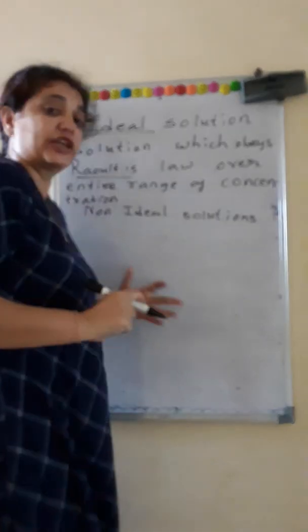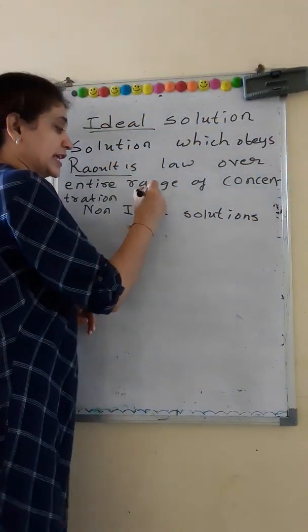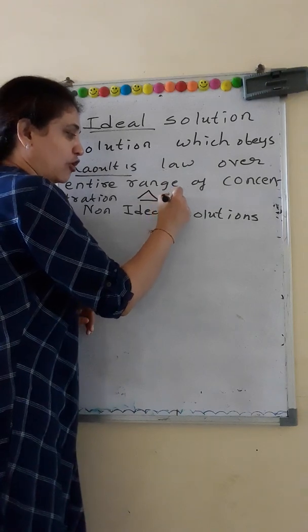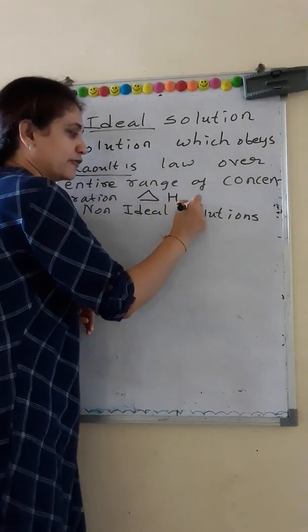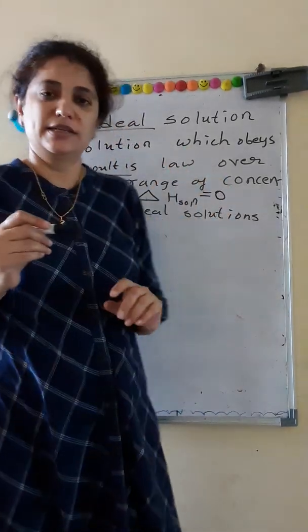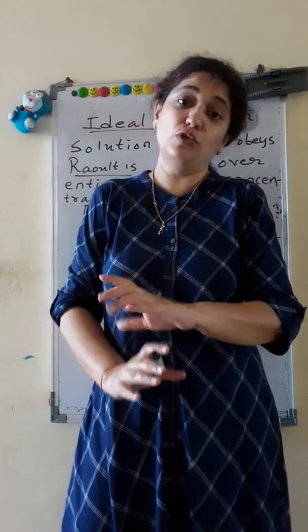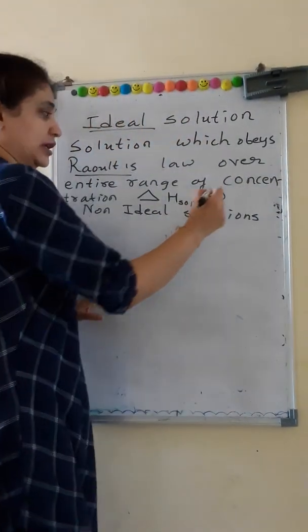For an ideal solution, when we are mixing both the liquid components, no heat is absorbed or evolved. So delta H of solution in the case of an ideal solution will be 0. Means no heat is evolved or absorbed when two liquids are mixed to form a solution.